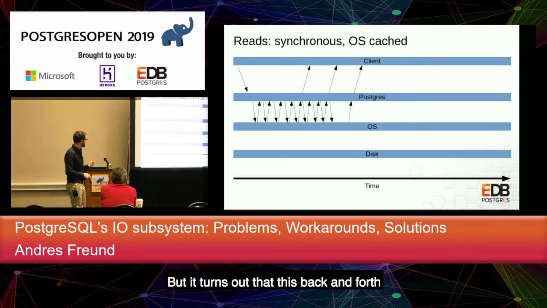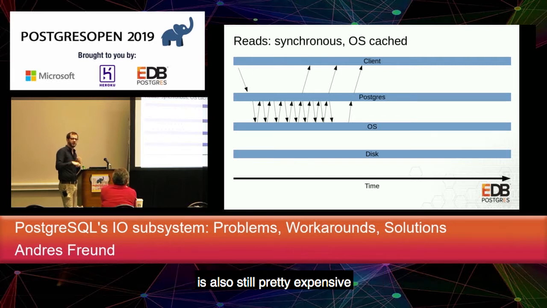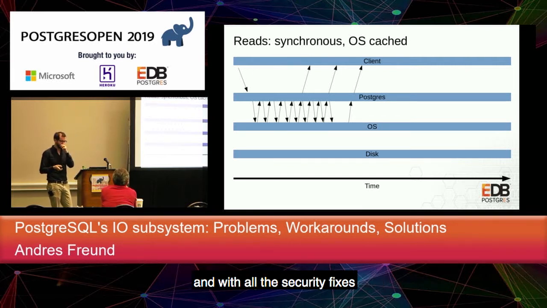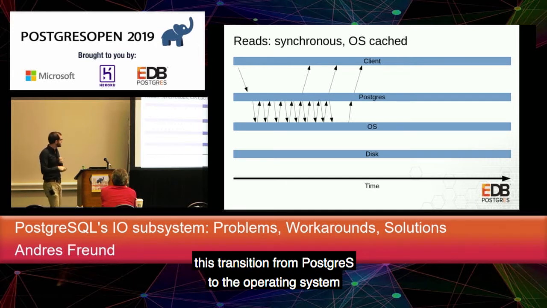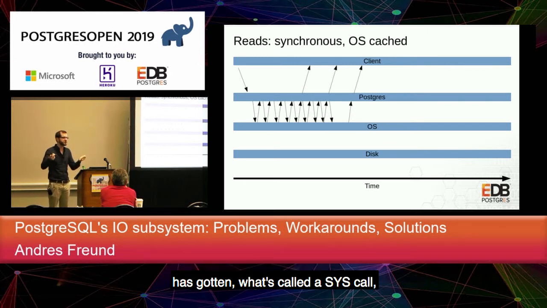But it turns out that this back and forth is also still pretty expensive, and with all the security fixes for processors in the last 2 years or so, this transition from Postgres to the operating system, what's called a syscall, has gotten more expensive by, I think, a factor of like 400 or something.